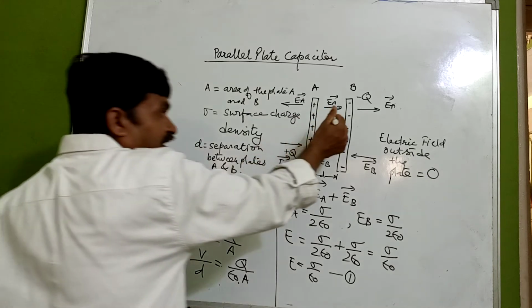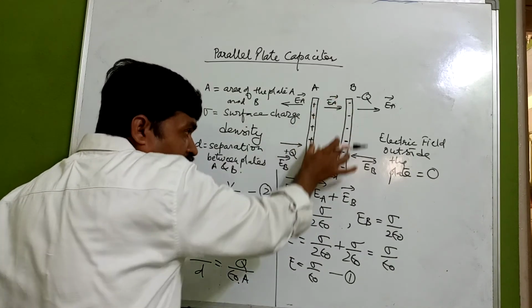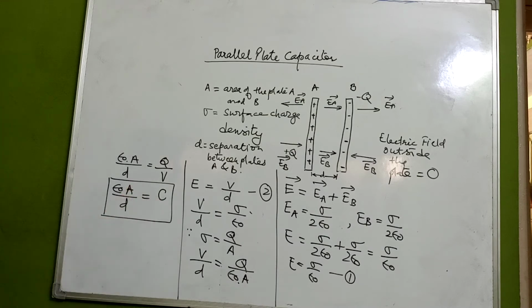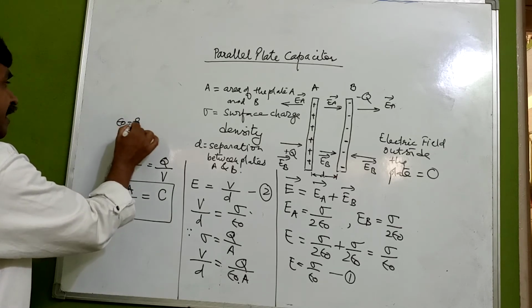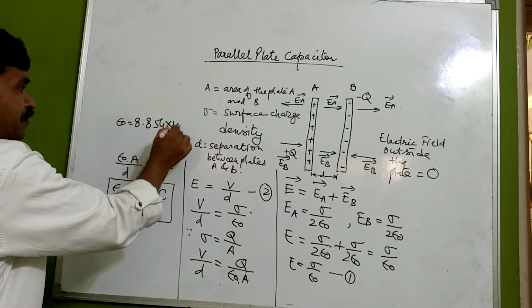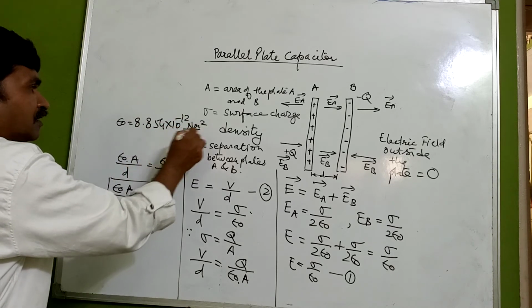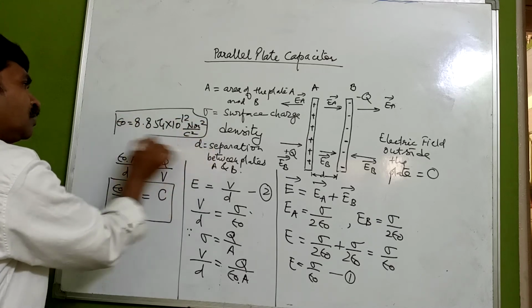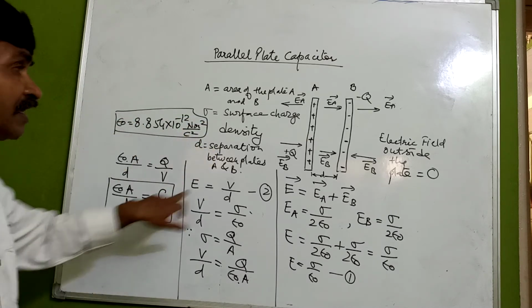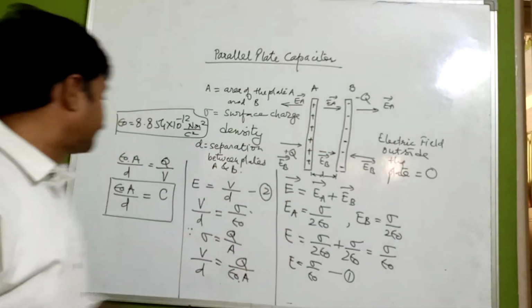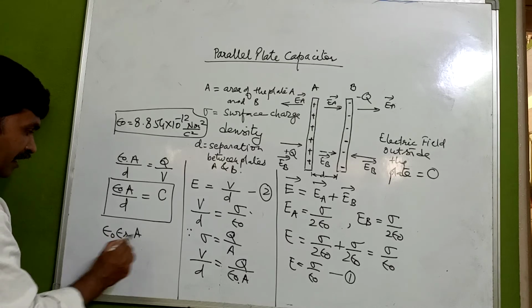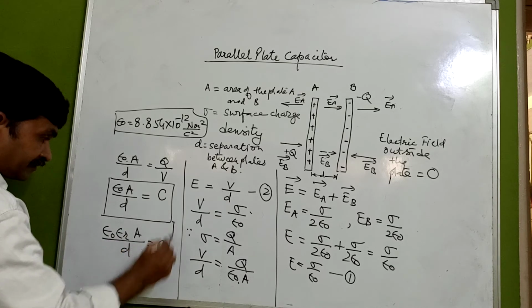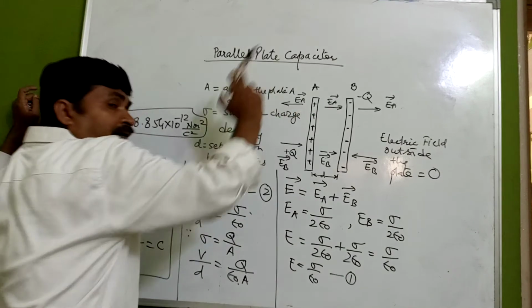Epsilon naught is the permittivity of the medium enclosed between the plates, with the value 8.854 into 10 raised to the power minus 12 Newton meter square per coulomb square. This means the capacitance depends upon the medium kept inside. We can have another relation, epsilon naught into epsilon R, A upon D, if some medium is there.